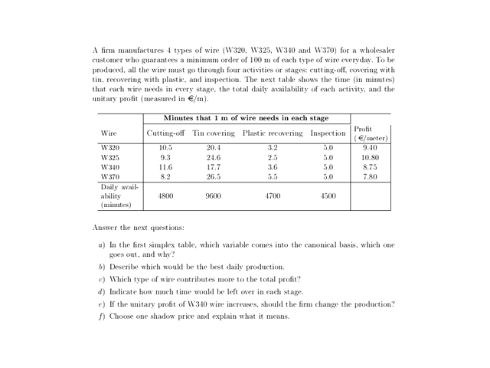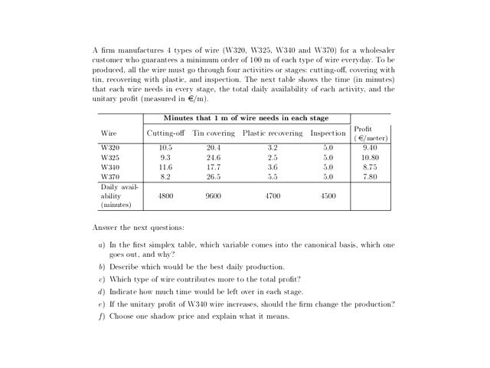To be produced, all the wire must go through 4 activities or stages: cutting off, covering with tin, recovering with plastic, and inspection. The next table shows the time in minutes that each wire needs in every stage, the total daily availability of each activity, and the unitary profit measured in euros per meter.